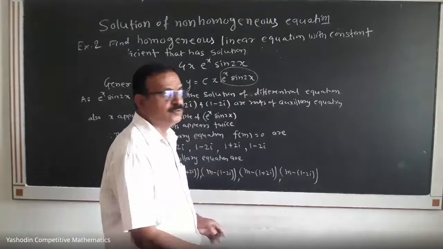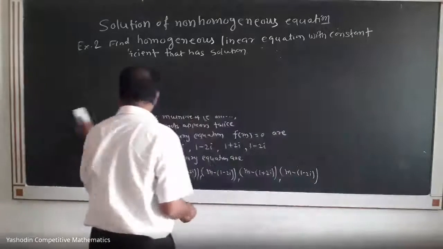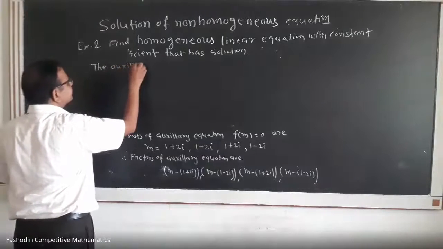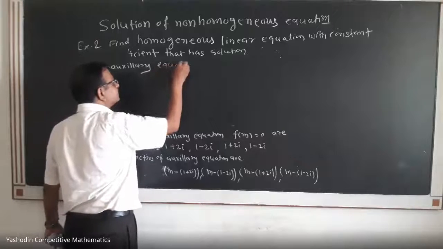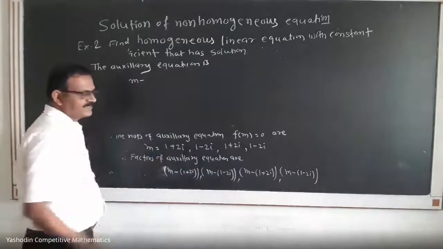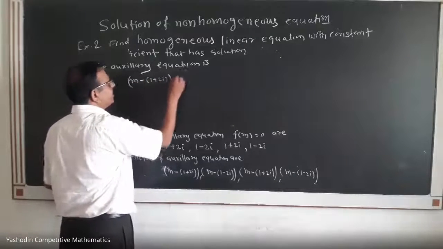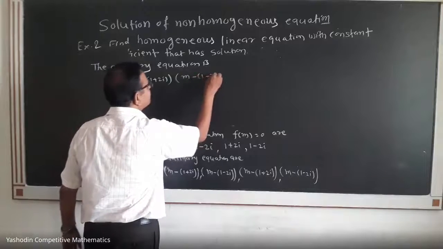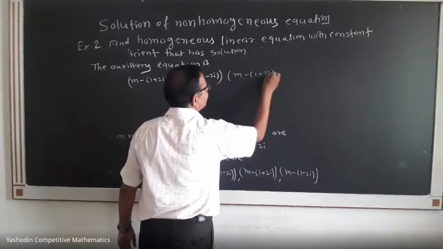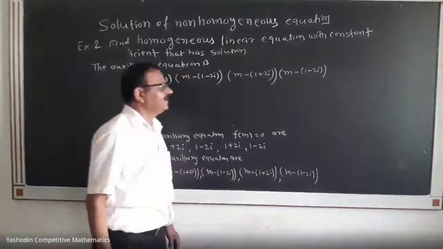And as we get 4 factors, the auxiliary equation becomes the product of all these 4 factors, m minus 1 plus 2i into m minus 1 minus 2i into m minus 1 plus 2i into m minus 1 minus 2i equal to 0.